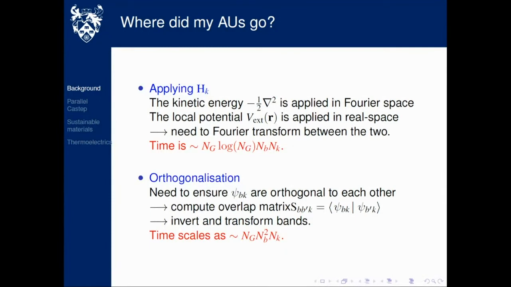When I want to add in the term which is the way the electrons are attracted to the nuclei, that depends on the distance between the electrons and the nuclei, and that ends up just depending on the position of the electrons relative to the nuclei in real space. So I do this Fourier transform, and the time it takes to do the Fourier transform is n log n, where n is the number of G vectors, the number of plane waves, and I need to do that for each of my electrons, NB, with each of these assumptions about its phase variation, nk.